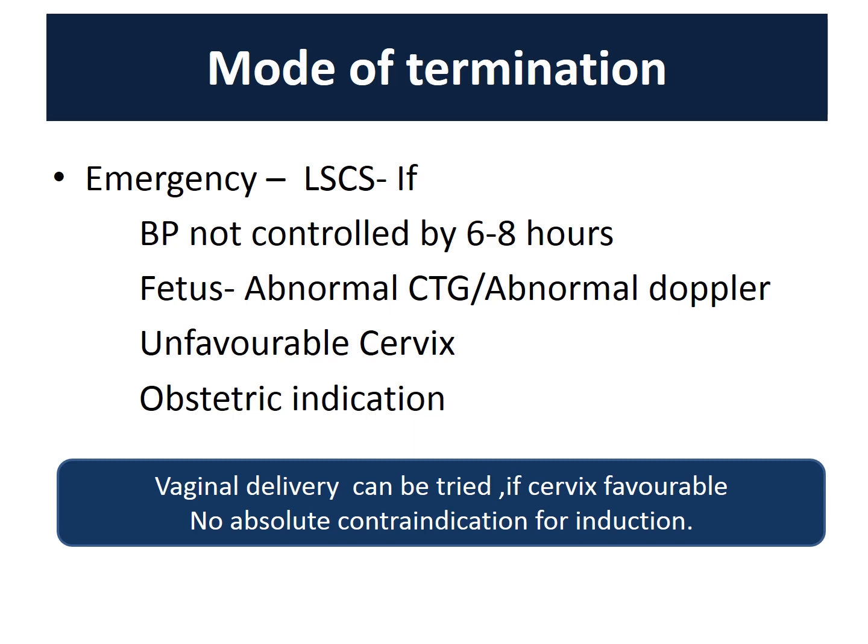The indications for cesarean section are: BP not controlled by 6 to 8 hours, the fetus showing abnormal CTG or abnormal Doppler, the cervix is unfavorable and we need an emergency termination of pregnancy, and the presence of an obstetric indication like abnormal presentation or placenta previa. In all other cases, vaginal delivery can be tried if the cervix is favorable.